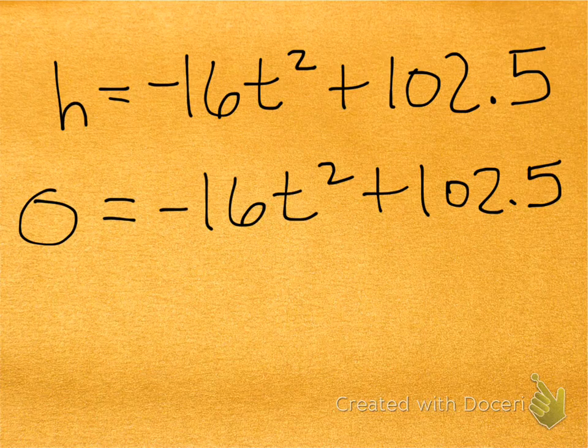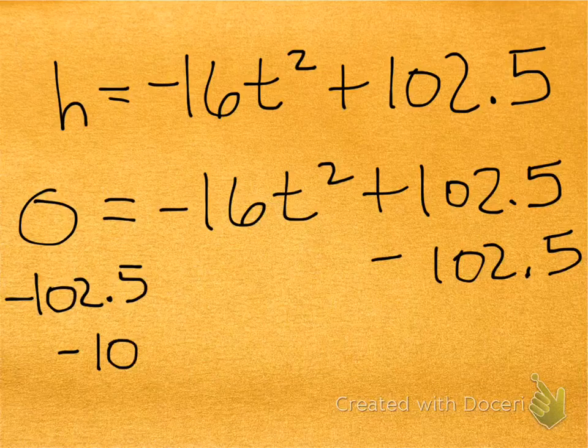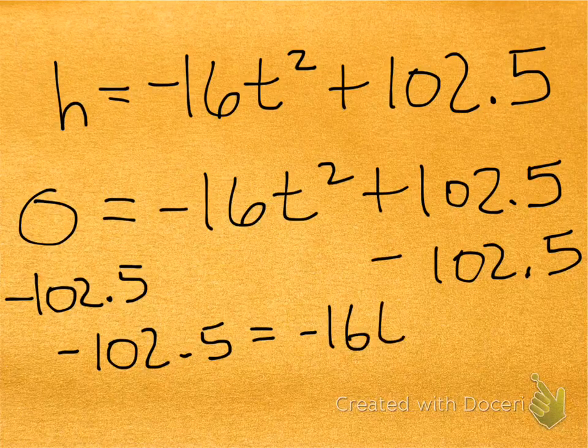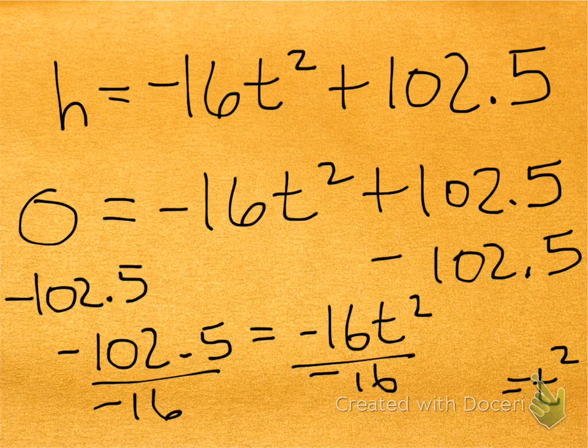So we're going to just put 102.5 over here and solve for t to get the time, and then we need to divide by negative 16, and we get t squared equals negative 102.5 divided by negative 16, which is about 6.4.